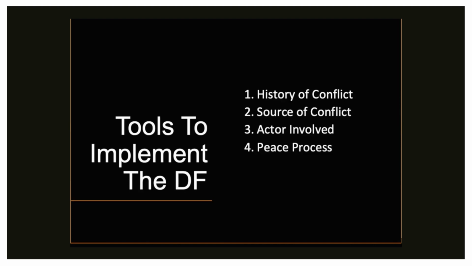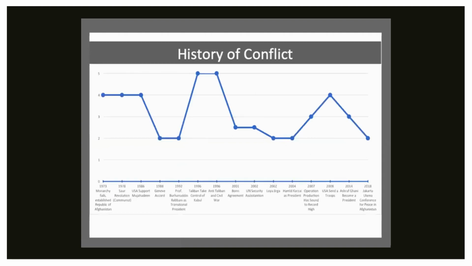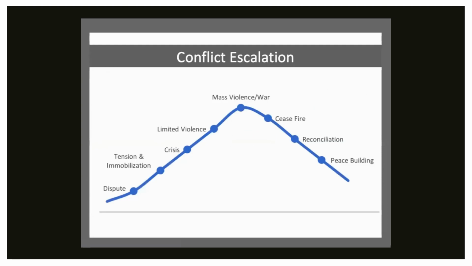Let me show you our tools one by one. This is the first element in our framework. It is also the basis for the chronology of conflict or the history of conflict, like this.